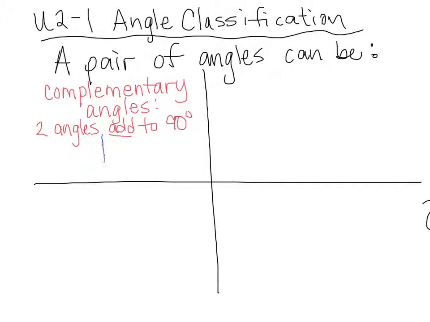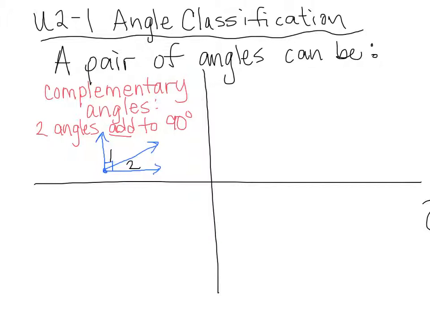If I start by drawing a 90-degree angle, okay, even put that symbol in there, and then split that into 2 parts, right? Come out of this bottom vertex and draw another angle out of there. All of a sudden my 90-degree angle is split into 2 parts, angle 1 and angle 2, and they add to 90 degrees. So angle 1 and angle 2 are complementary angles.